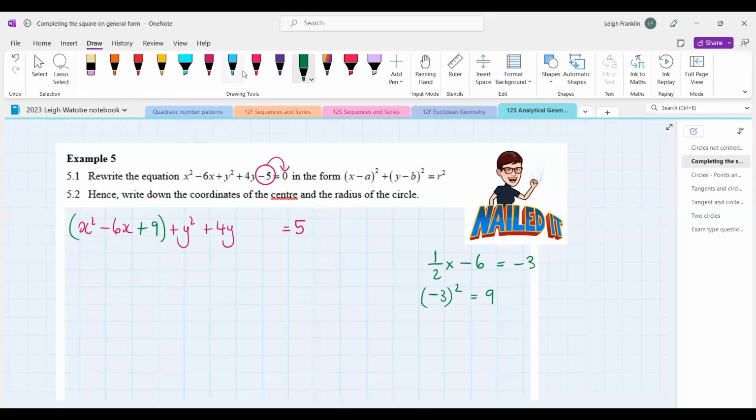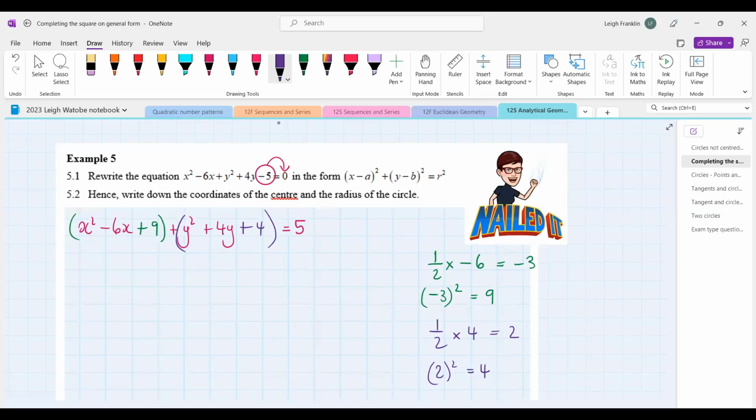I'm going to do the same thing for the y. I complete the square. I take half of the coefficient of y, which is positive 4. That gives me 2. I square it, which gives me 4, and I add 4 to the left-hand side. Now y squared plus 4y plus 4 is a perfect square trinomial.